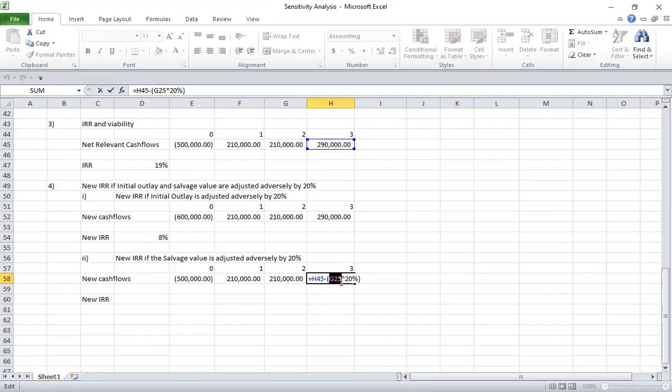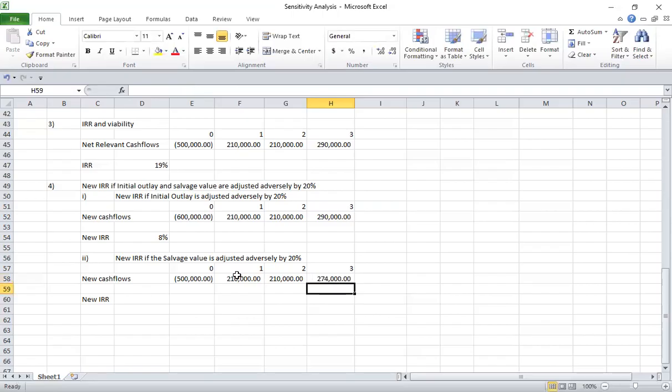I've just reduced the total cash flow by 20% of the salvage value. So is that okay? Yes. All right, so if that's okay, then that's it.